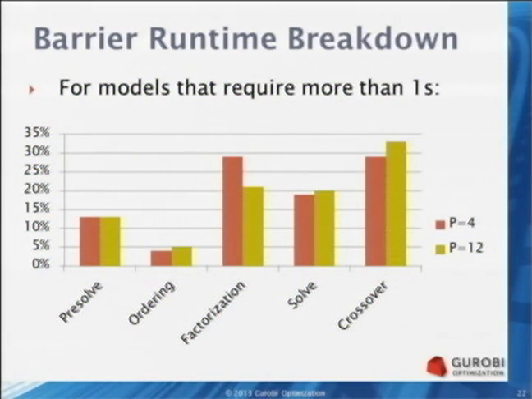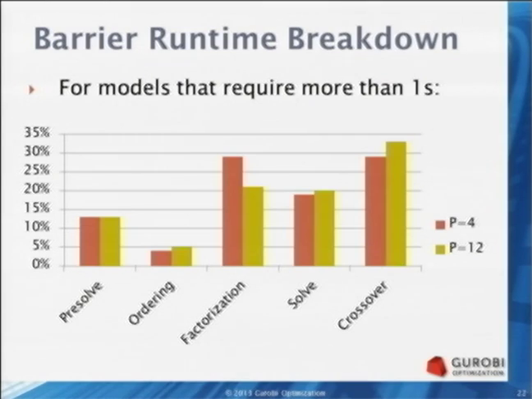So one way to look at this is to look at a breakdown of where runtime is spent. So these are fractions of total runtime. For example, pre-solve, when run on 4 cores, over this set of models that take more than 1 second, pre-solve on average takes about 12% of total runtime.